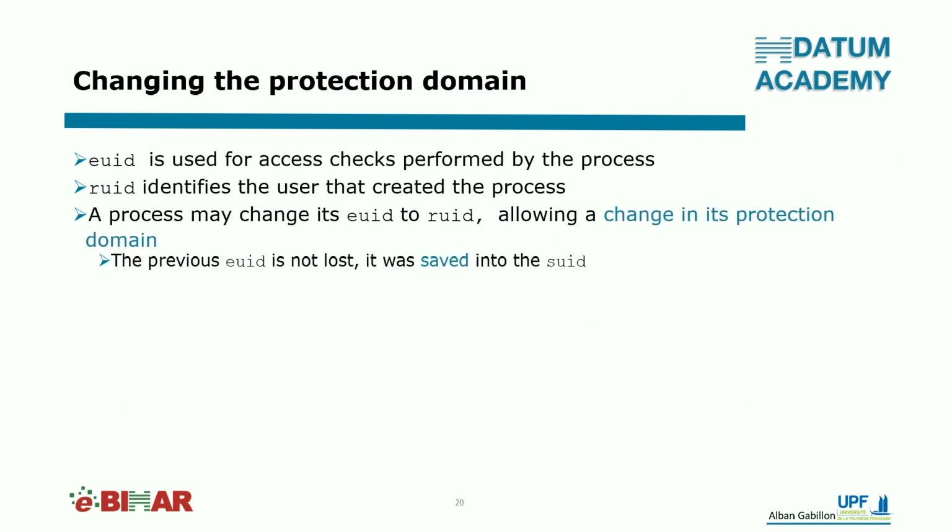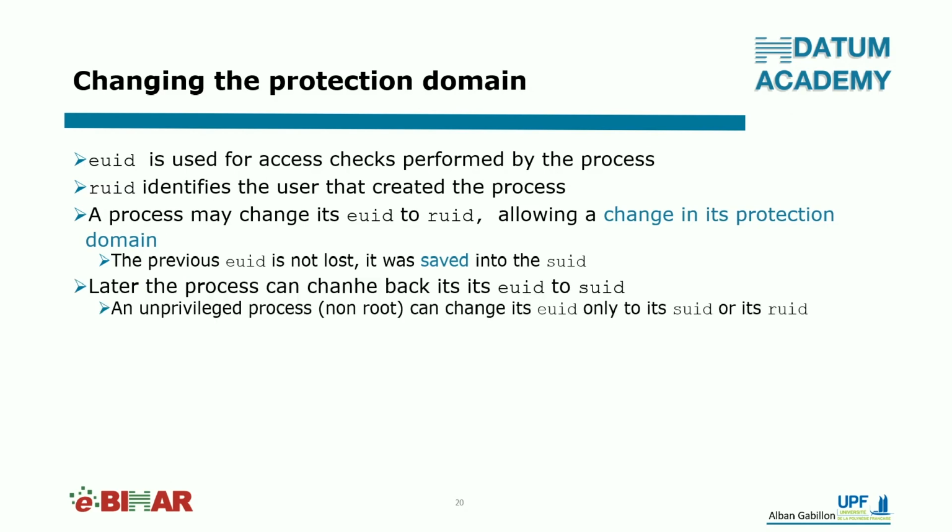A process may change its effective UID to real UID, allowing a change in its protection domain. And the previous effective UID is not lost since it was saved into the saved UID. And later the process might set back its effective UID to the saved UID.